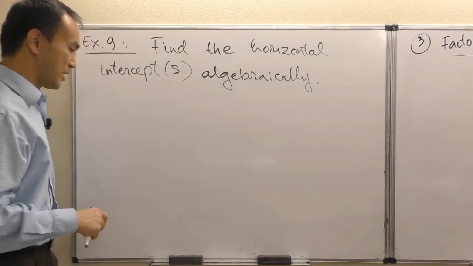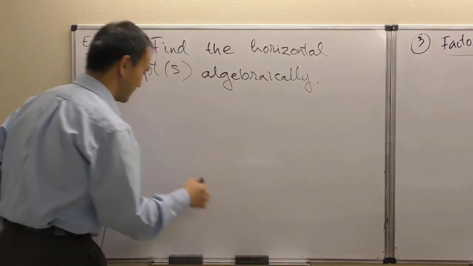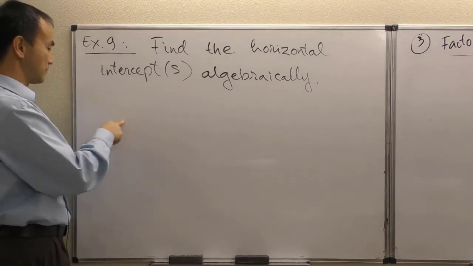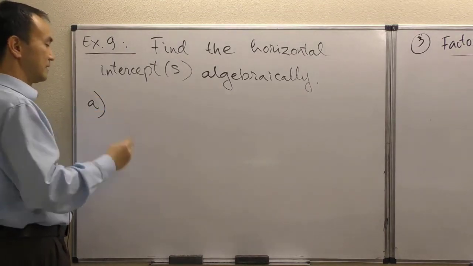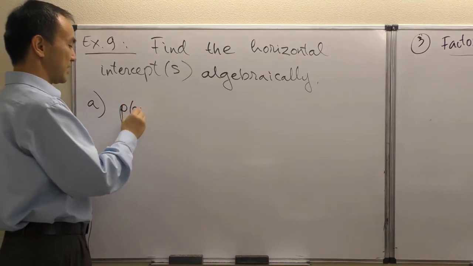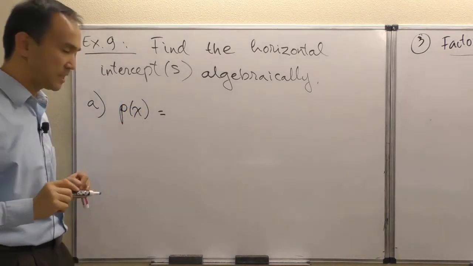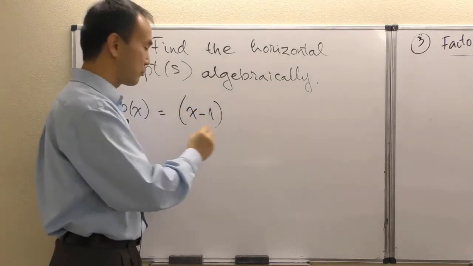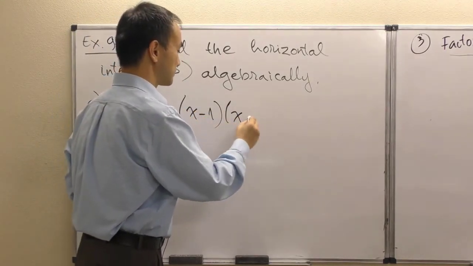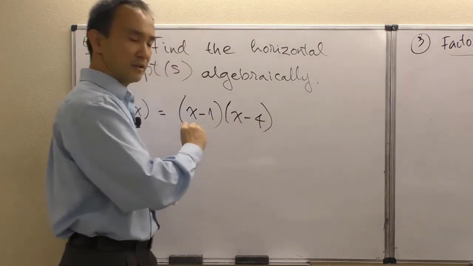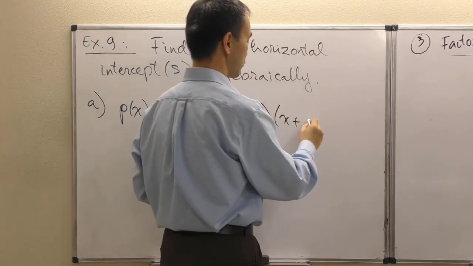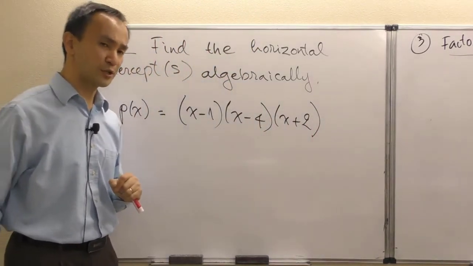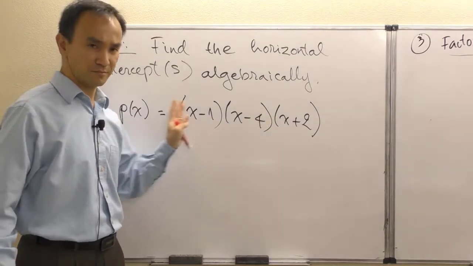So now allow me to do the following. Let's say we have a polynomial p of x given to be (x minus 1) times (x minus 4) times (x plus 2), and this is all there is.